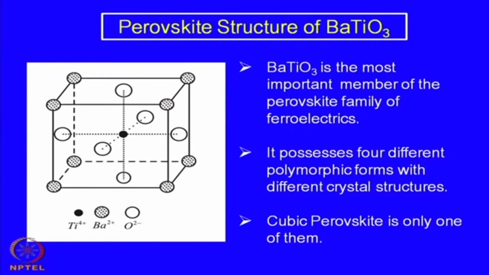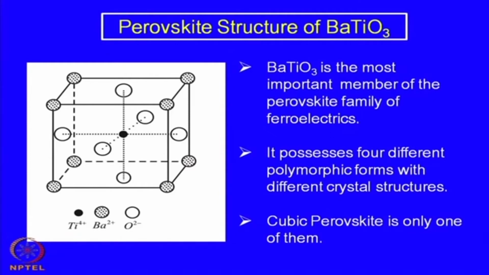It possesses 4 different polymorphs with different crystal structures. Whenever we talk about barium titanate, we do talk about perovskite structure, and if anybody asks what is the structure of barium titanate, the answer is perovskite, but it is really not true. It is only one of the polymorphic forms which has a perovskite structure.